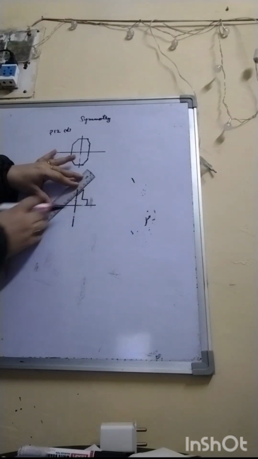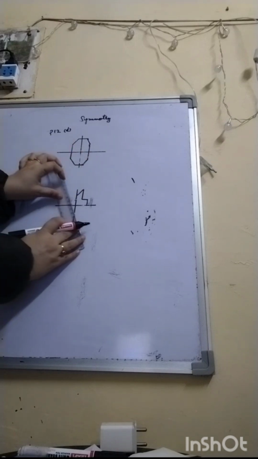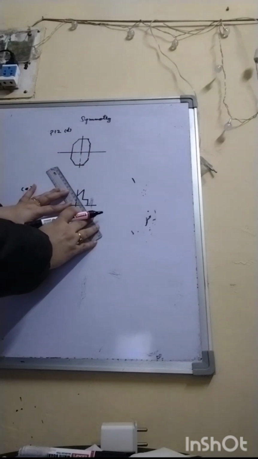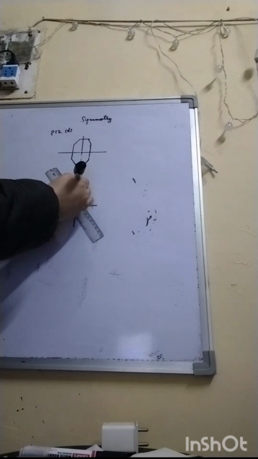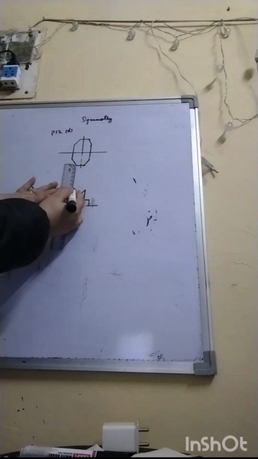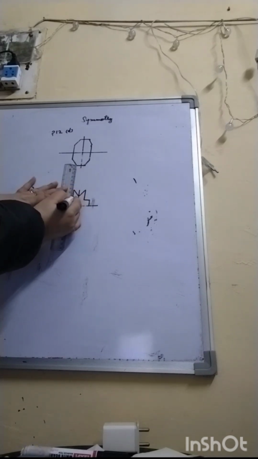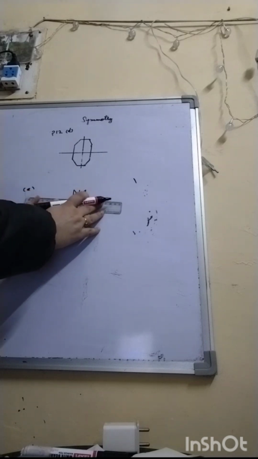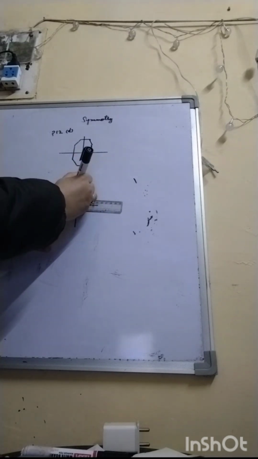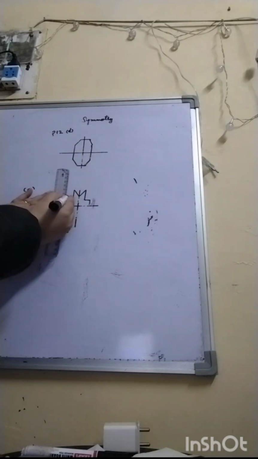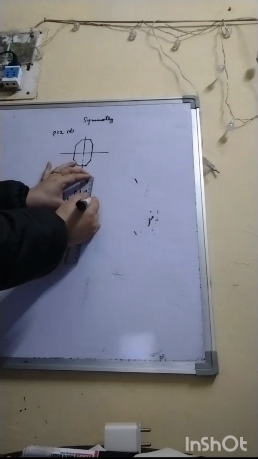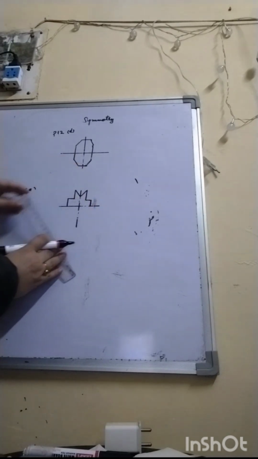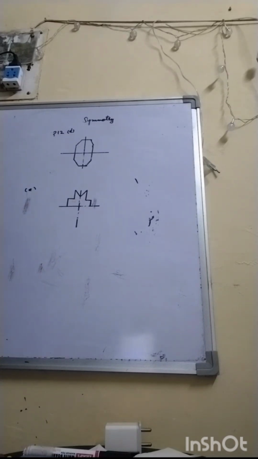So completing the figure along the vertical line of symmetry, we would get one diagonal, then two vertical, then one horizontal, and then the vertical. So in this way it would complete. You would do it on the square paper.